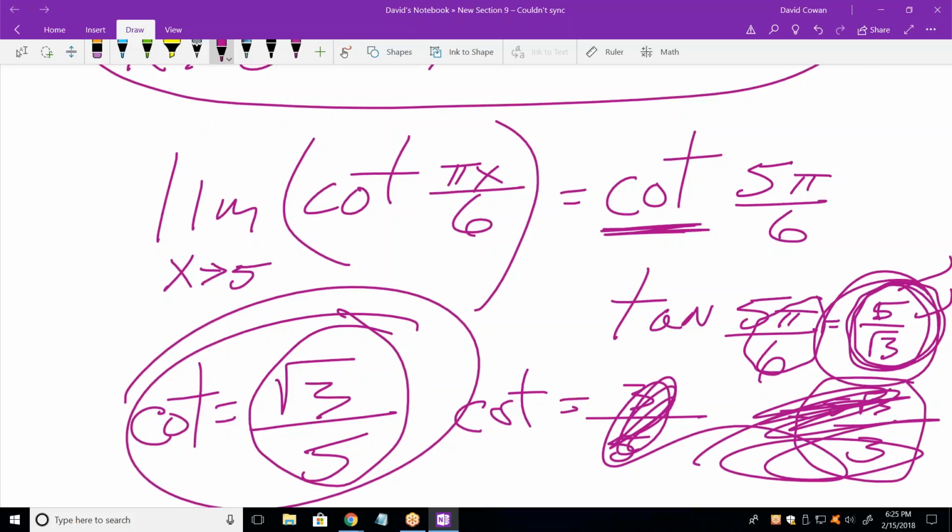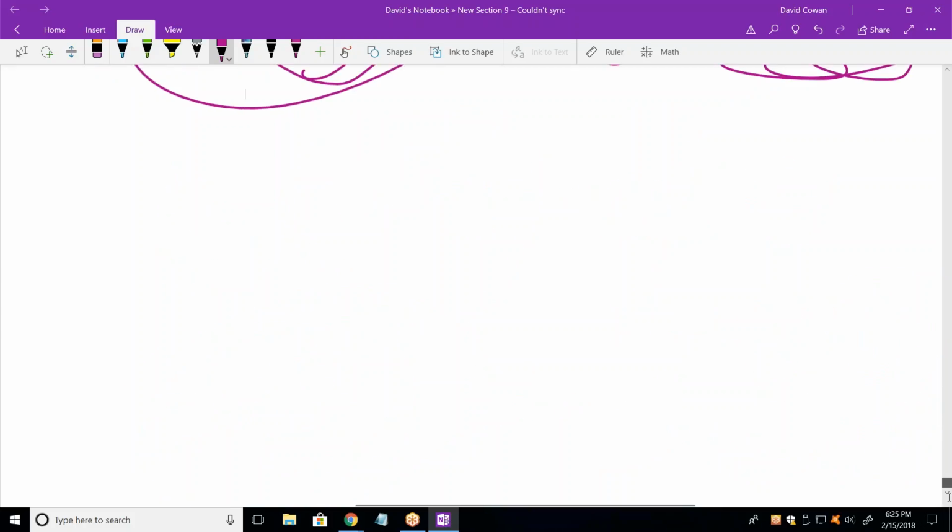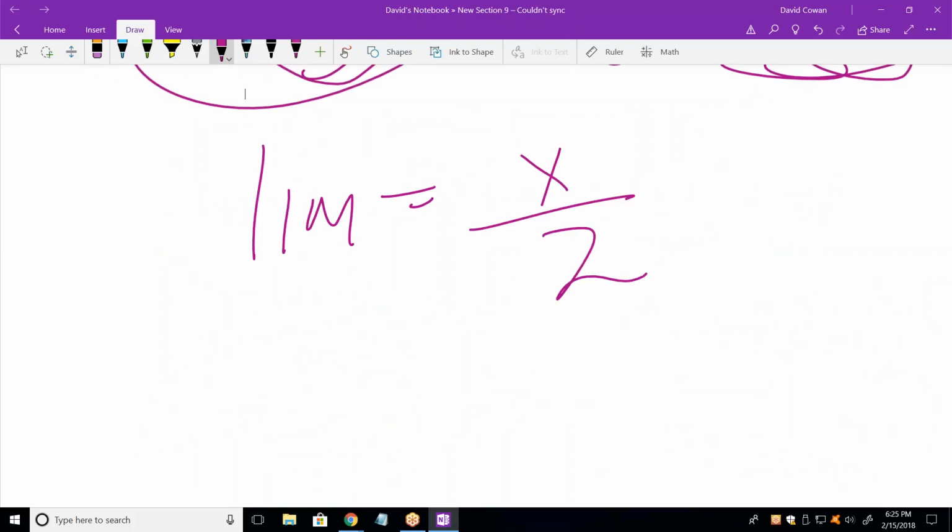And whenever it's a direct substitution problem and it does not result in 0 over 0, it is easy, always. The only problems that are hard are where you get 0 over 0. Let me just, in the last 5 minutes, let me do this. What's that equal to?